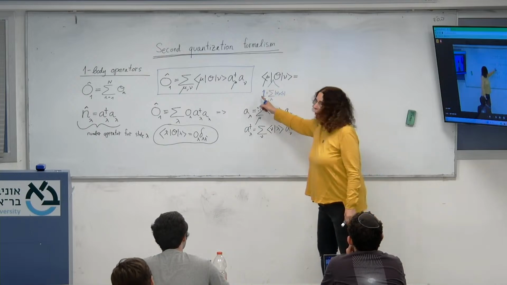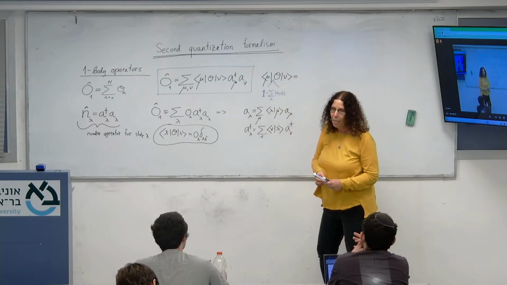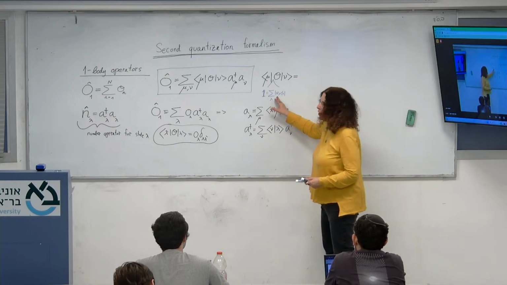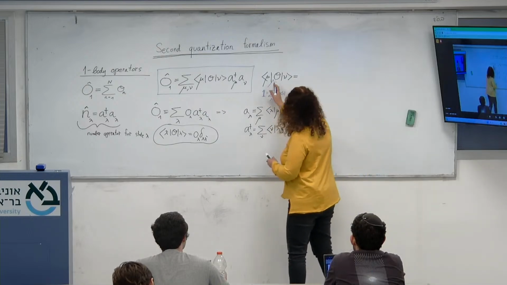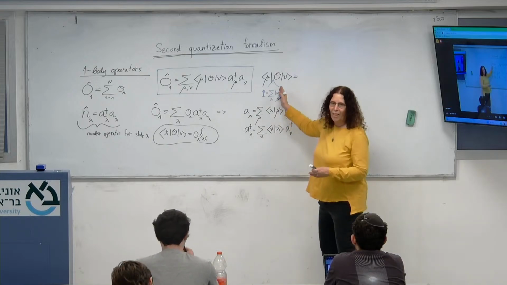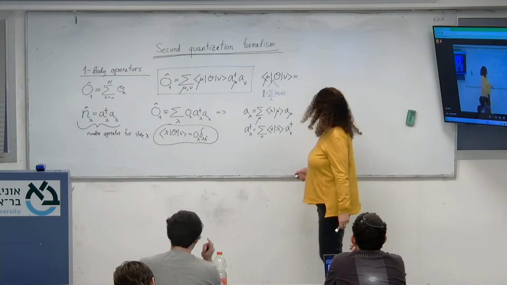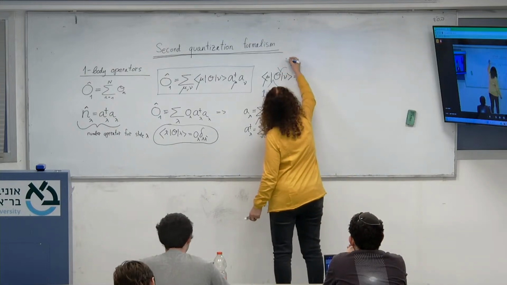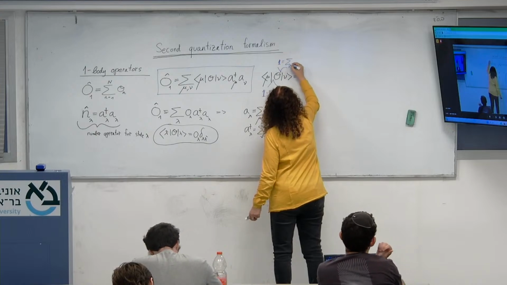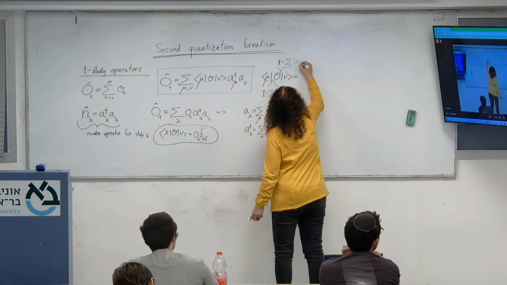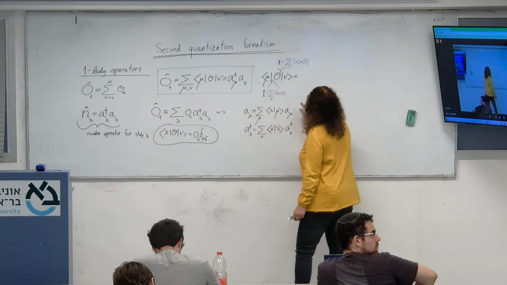This is just a way to write the unit matrix in the basis lambda. It's a sum over projections to all lambdas. It gives you 1. So I'm always allowed to stick it in between anything because it equals 1. It's like the unit matrix. And similarly, I can plug it in here and write it as a sum over lambda prime, |lambda prime><lambda prime|.